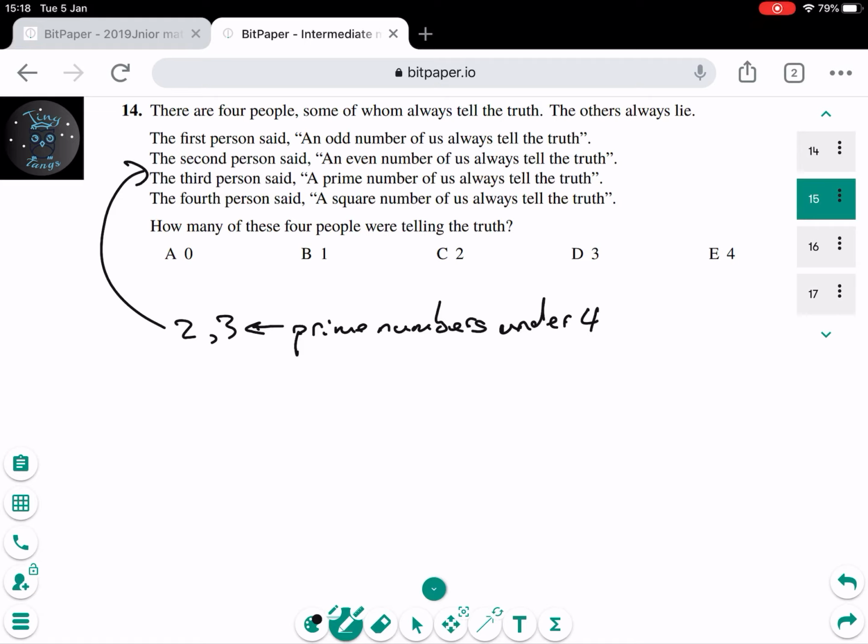But if it's an odd number of us, always tells the truth. So prime numbers, a prime number. So let's say if it's 3, it also says odd number.